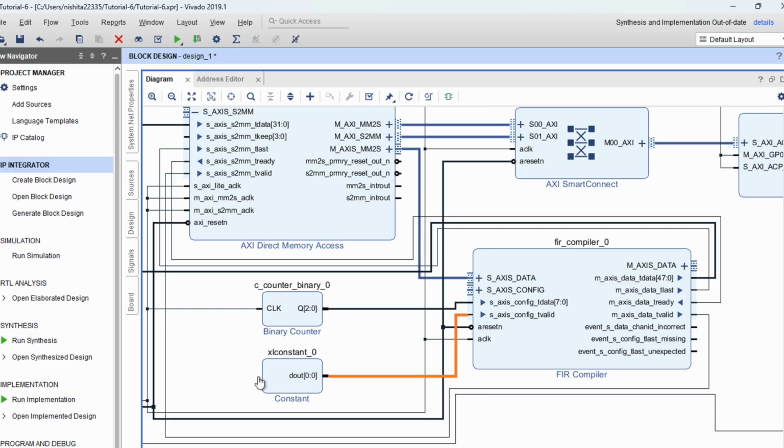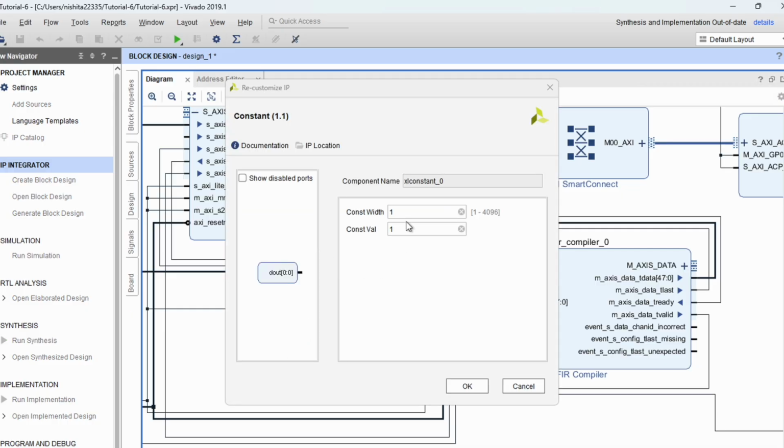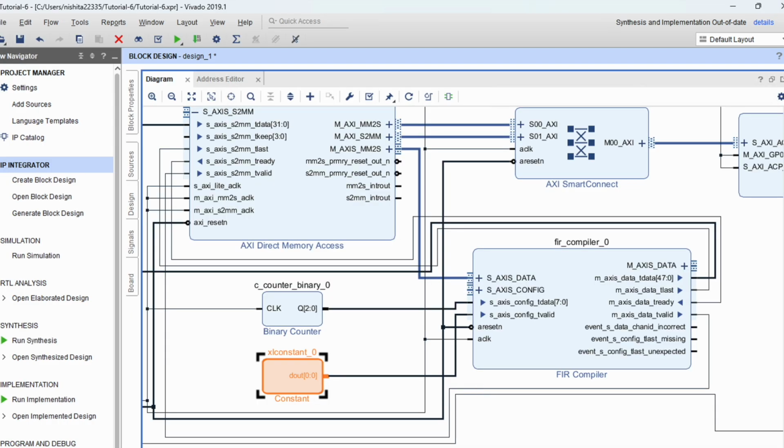Then I have a constant of width 1 and constant value 1 that is given to the S-axis config T valid to ensure that the valid is asserted while the binary counter's output is on the line.